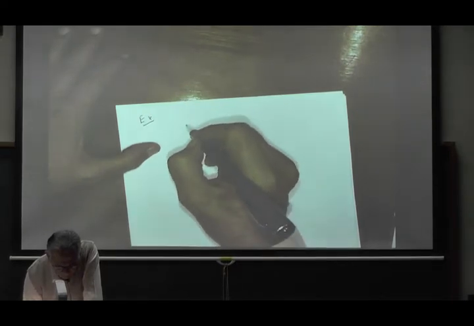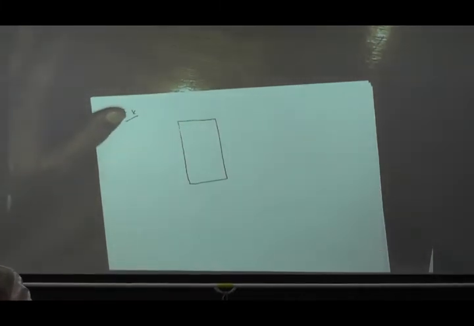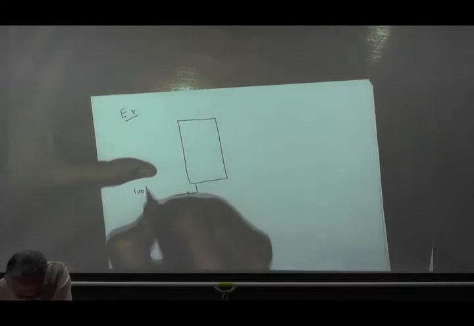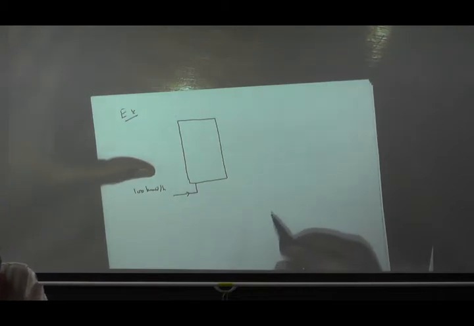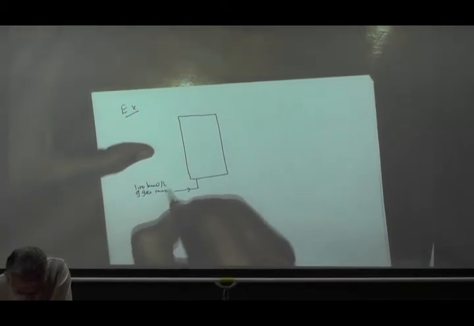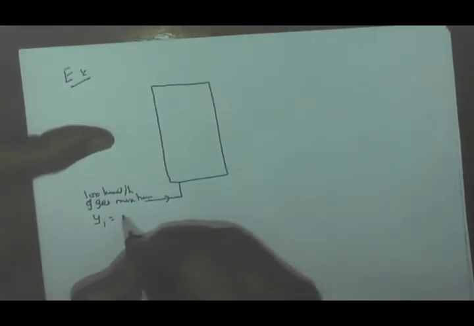So let's look at one example. The problem is that we have a countercurrent absorption tower which receives 100 kilomoles of gas mixture per hour, having 15% of a solute A. So this is countercurrent, so 100 kilomole per hour of a gas mixture, and we are calling it Y1, which is 0.15.